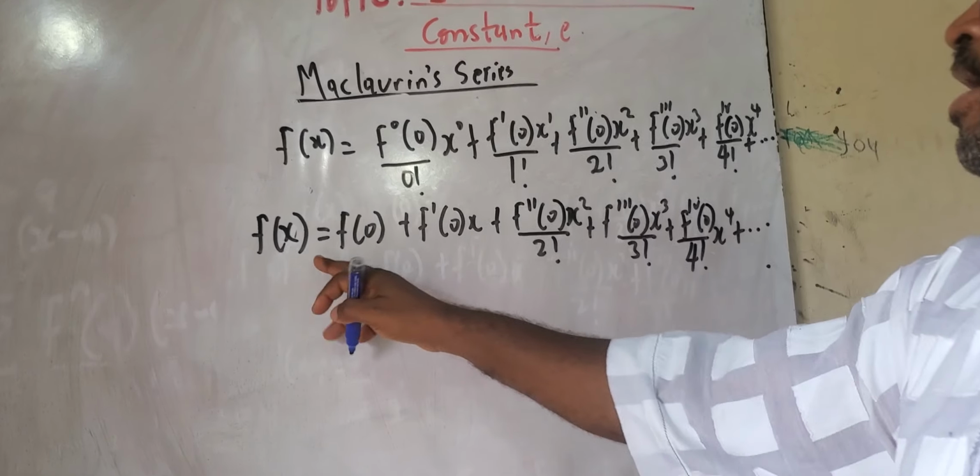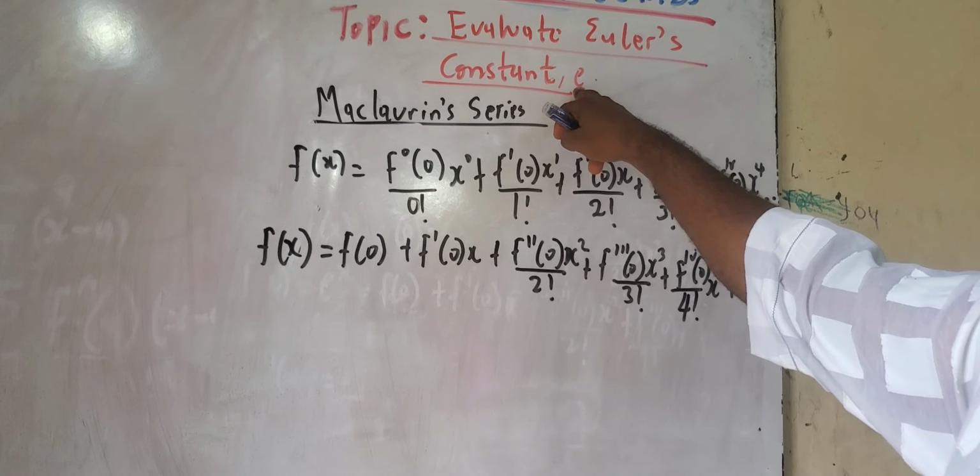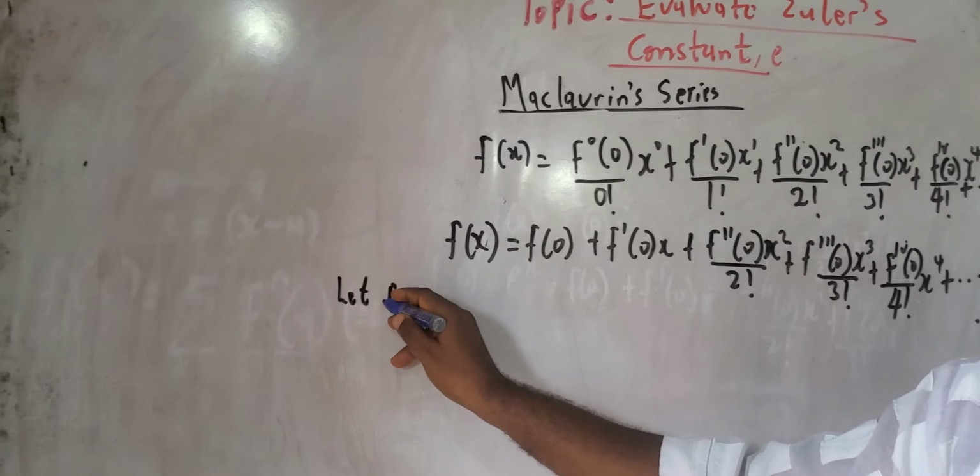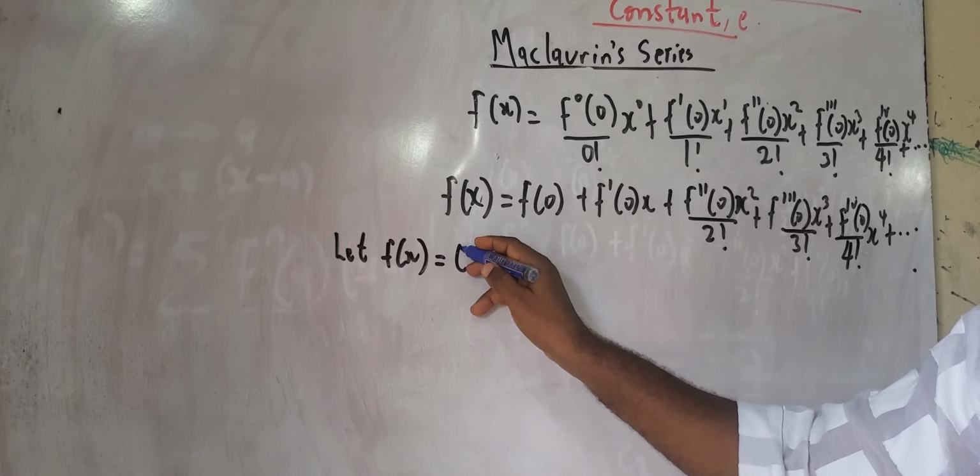Now, for us to find this constant e, let f of x become e raised to power x.